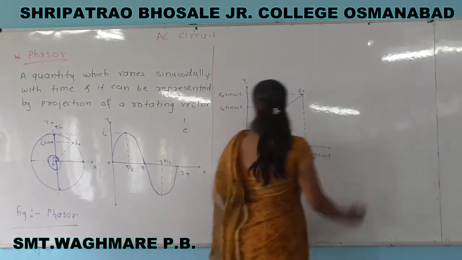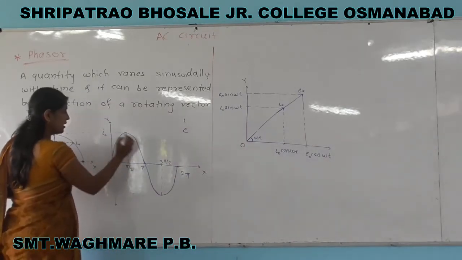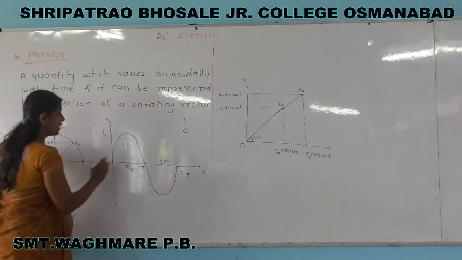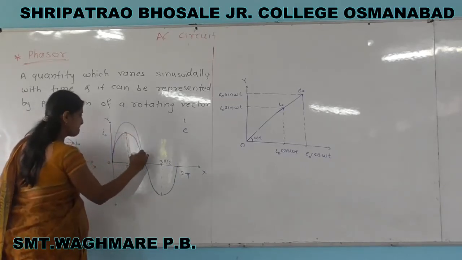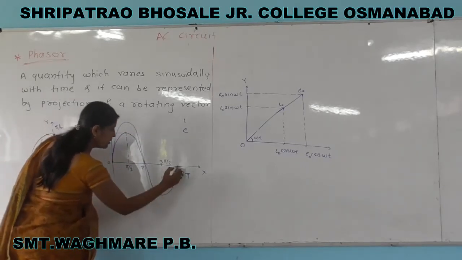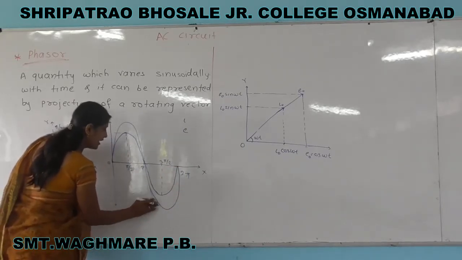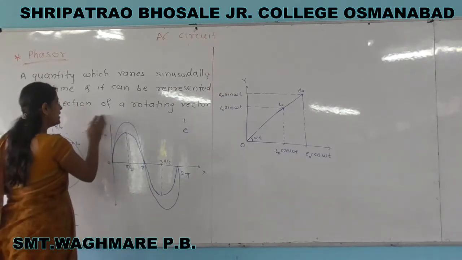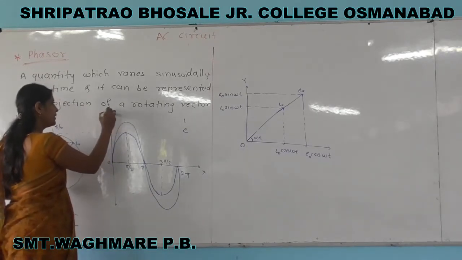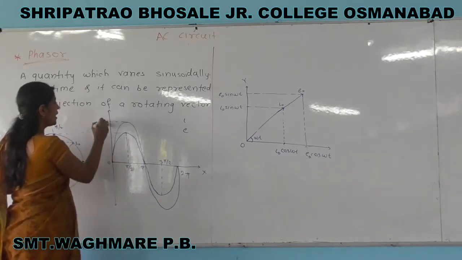We can represent this in this way. This is the sine wave for the current. When we draw the graph for E, we get this type of graph. As the EMF increases, the current also increases.